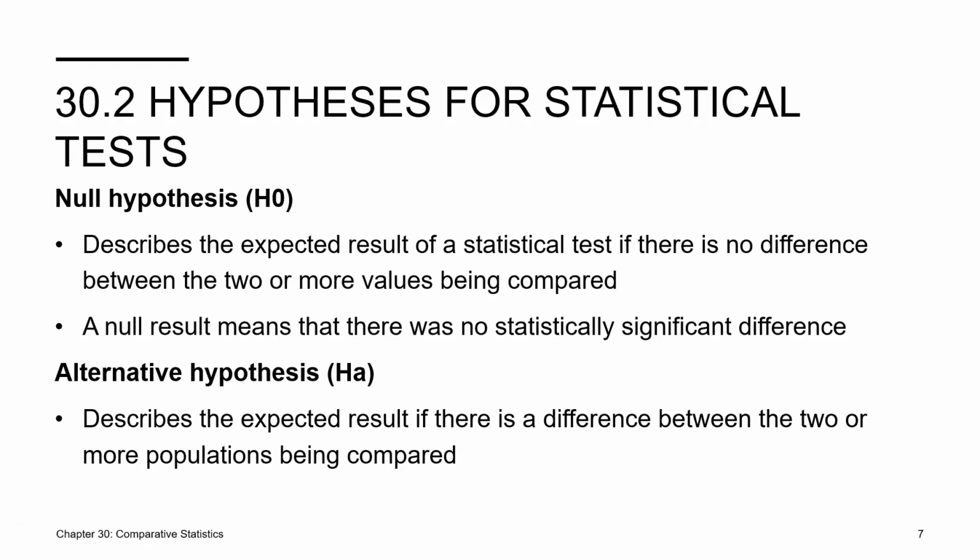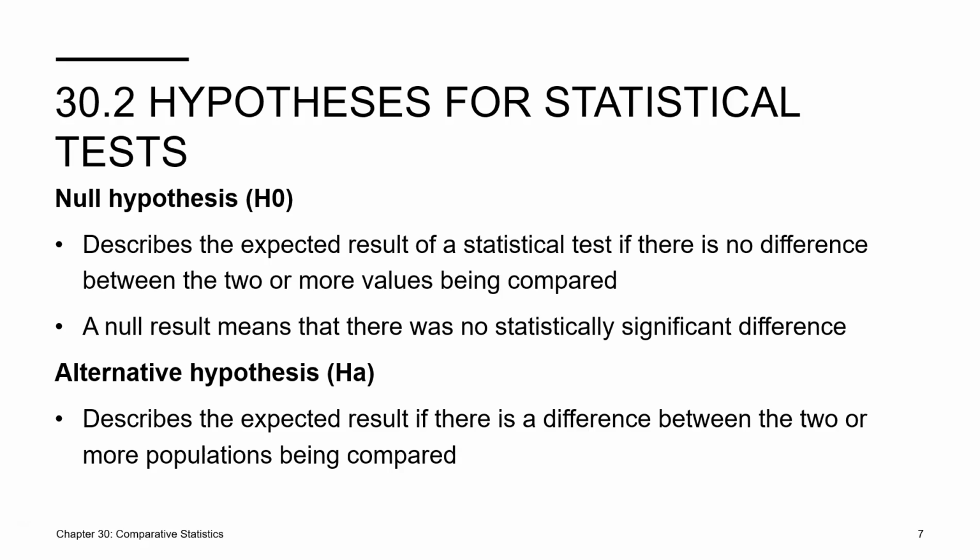So anytime you conduct a statistical test, you will have a hypothesis. And with any hypothesis, there's a null hypothesis and an alternative hypothesis. The null hypothesis, which is sometimes presented as H0, describes the expected result of the statistical test as if there is no difference between the two values being considered. So a null result means there's no statistically significant difference between the two.